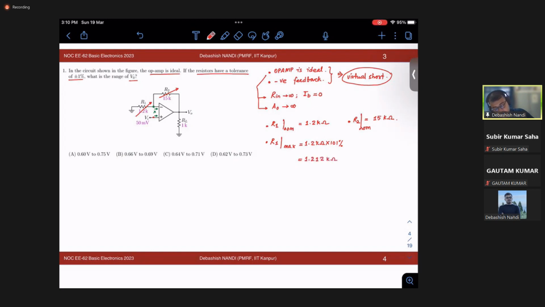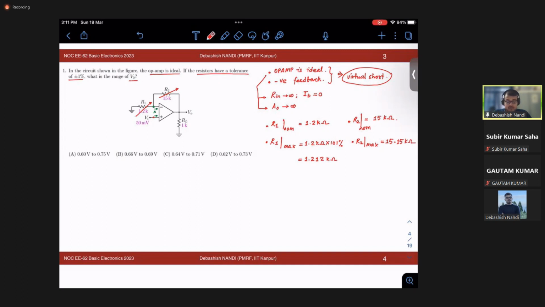Similarly, your R2 max is nothing but 15.15 kilo ohm, right? You can simply check this: 15 cross 1.01, it should be 15.15.